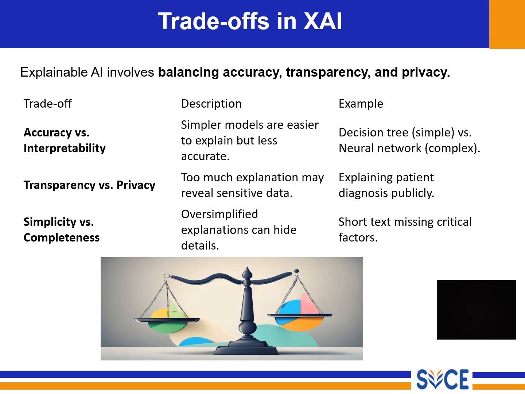Explanation often requires showing data and logic. So if a hospital explains why a patient was diagnosed with a disease by showing their medical records, it might violate the person's privacy. So the trade-off is how much we can explain without revealing personal or confidential information.